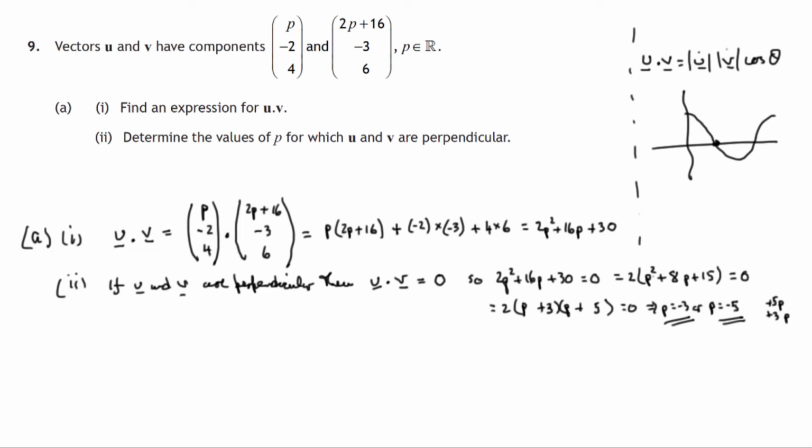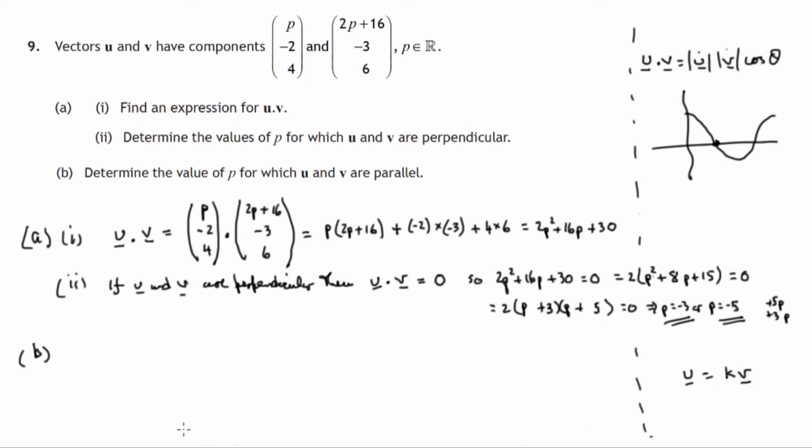So let's move on to the last part, part B of this question. Determine the value of p for which u and v are parallel. Now if two vectors, u and v, are parallel, we should be able to write one in terms of the other. One will be a multiple of the other.